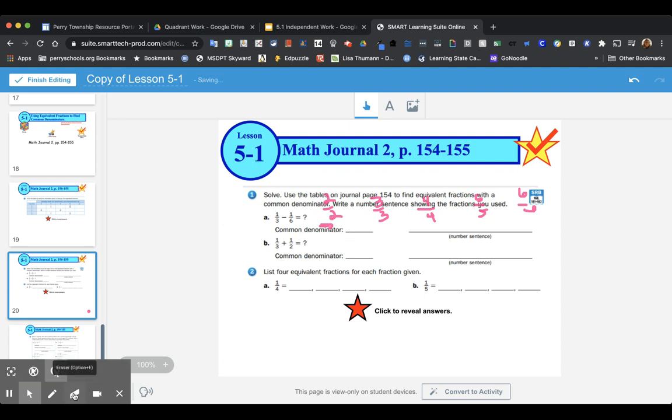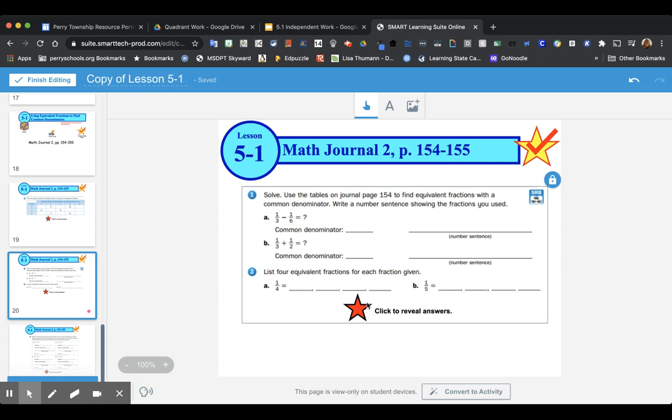It's the same thing that we practiced with. And this is your check. So filling out that table and then using the tables to solve 1/3 minus 1/6, 1/3 plus 1/2, and then listing 4 equivalent fractions for 1/4 and 1/5. Pause your video and come back.